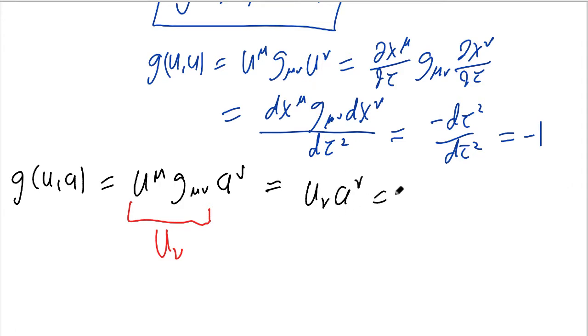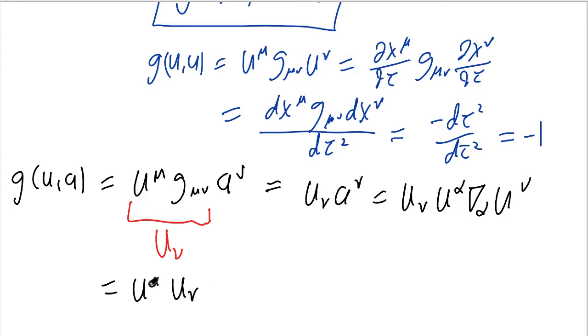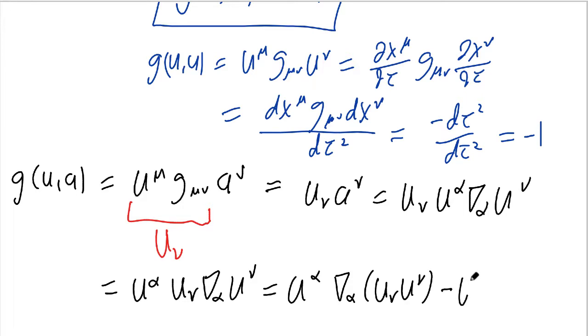And now using the definition of the acceleration, we have u nu, u alpha del alpha u nu. Let me reverse the order of a couple of these terms. We have u alpha u nu del alpha u upper nu. And now let's write this as del alpha acting on u nu minus del alpha acting on u lower nu.